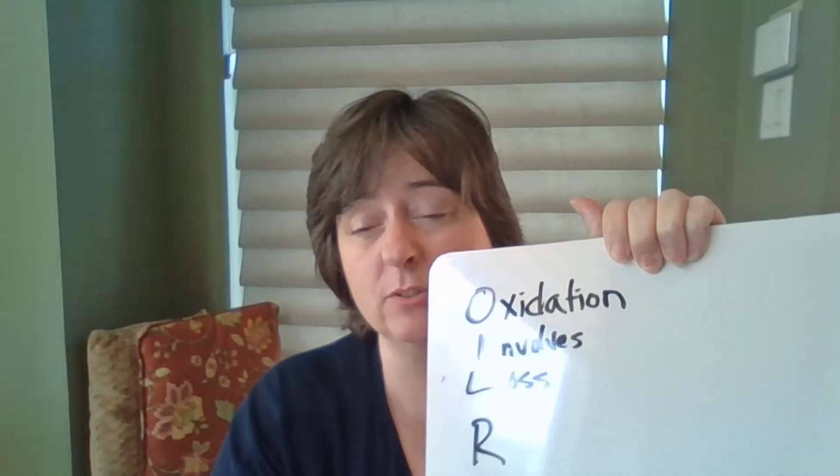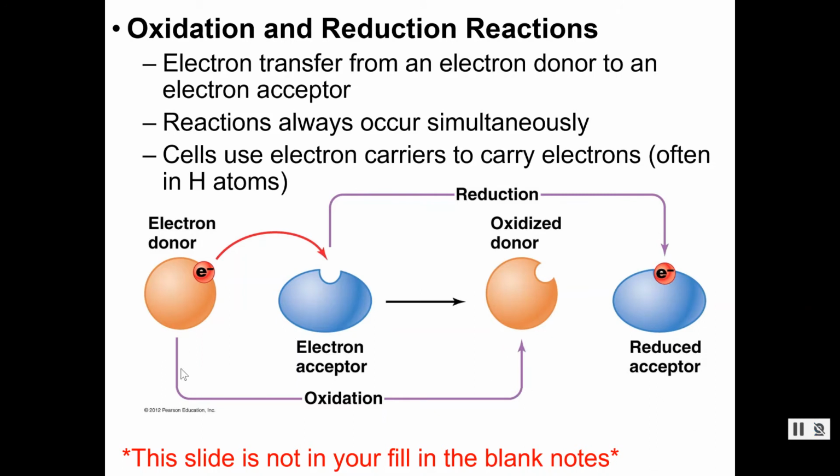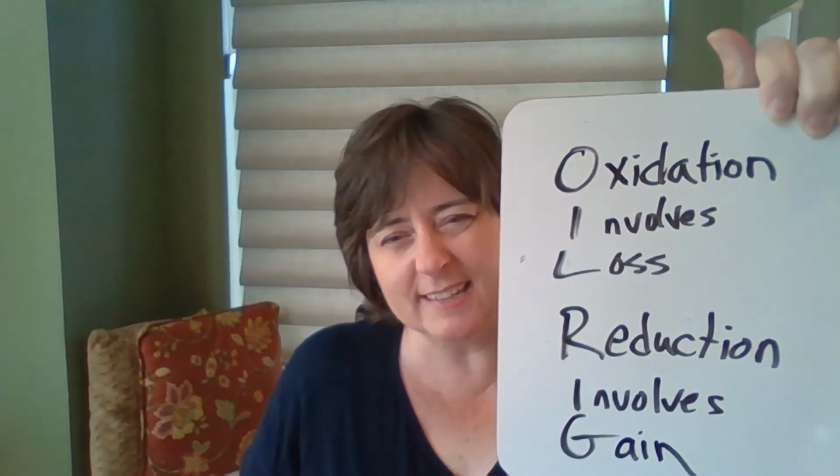And if I go back to the PowerPoint, we see the oxidation portion of this lost an electron. Rig, what does RIG stand for? Reduction involves gain. So that's your little mnemonic to help you remember that.